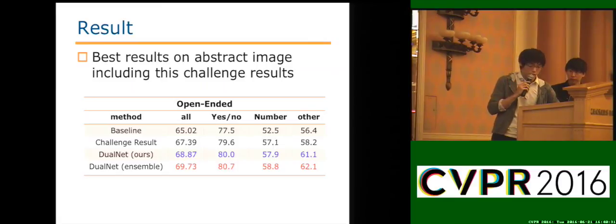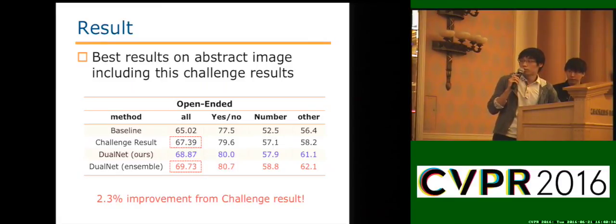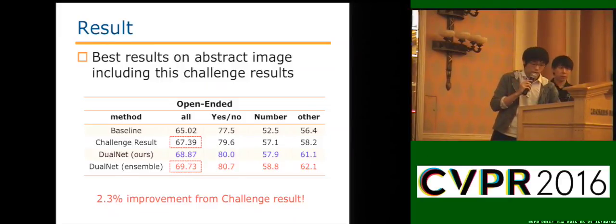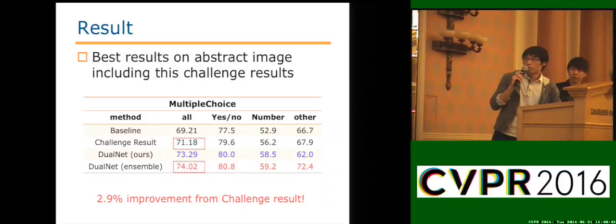On the open-ended task, we could improve our score by 2.3%, and on the multiple choice task, we could improve our score by 2.9%.